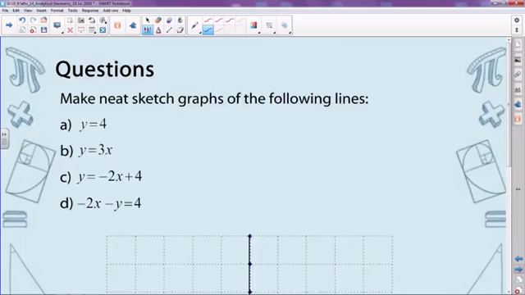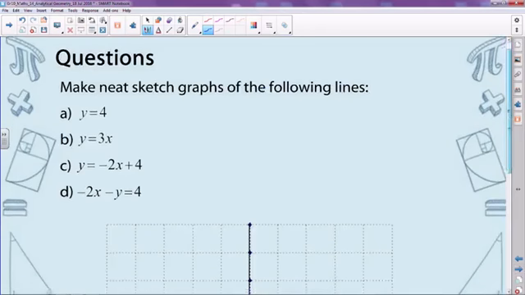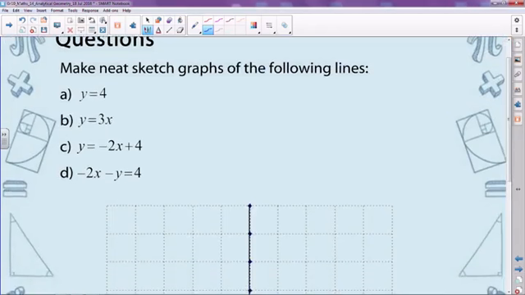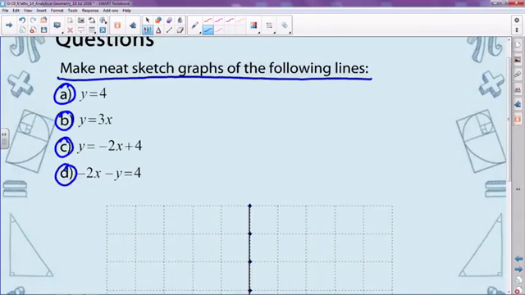Next slide. So we're starting with our questions. Make a neat sketch graph of the following lines. How many lines do we have? 1, 2, 3, 4. Now take a look at those. Do you see similarities and differences? Can you see why I want you to do them?